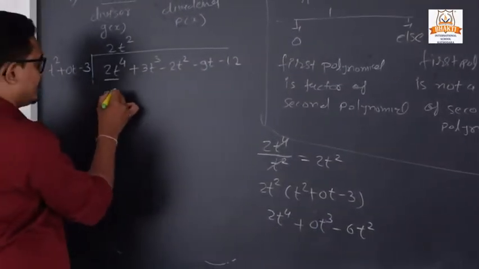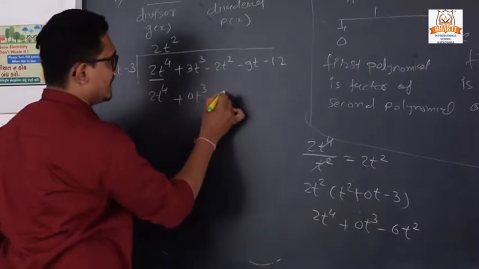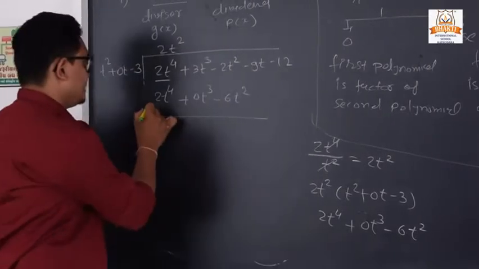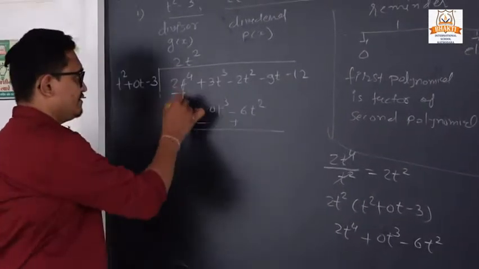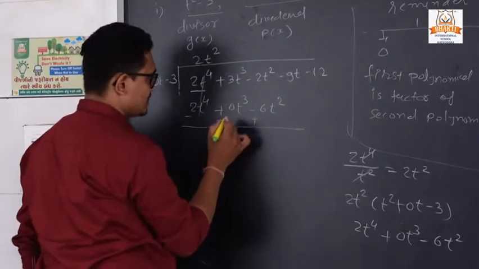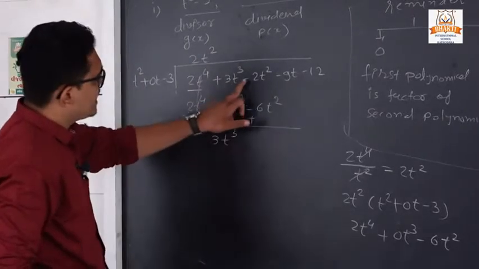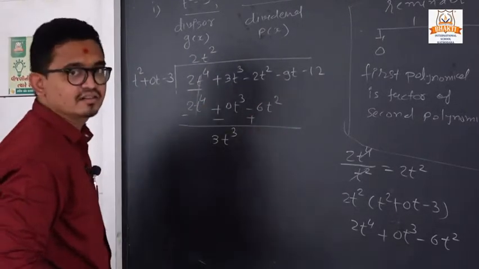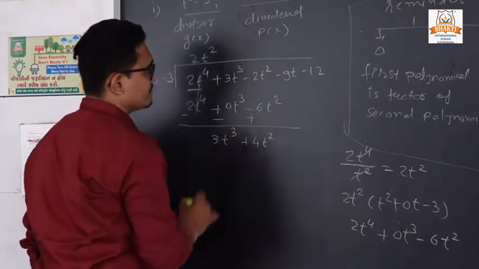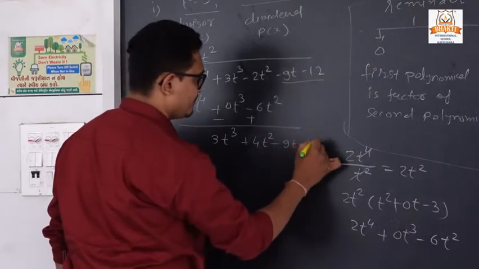So now we write 2t raised to 4 plus 0t cube minus 6t square. Now we change the sign, so the first term cancels, and plus 0 remains the same because 0 does not affect the term, then minus plus is minus, so 6 minus 2 is 4t square, then minus 9t, and these two terms remain the same.